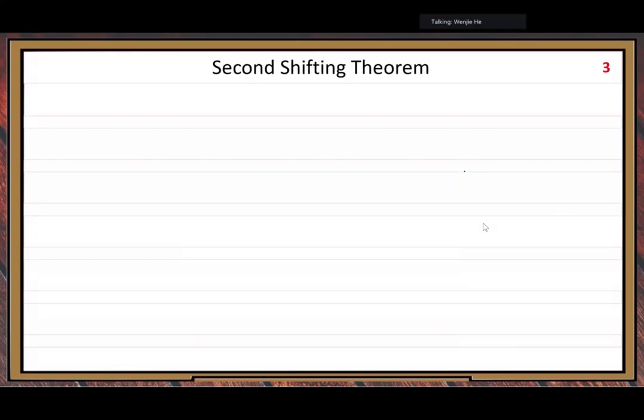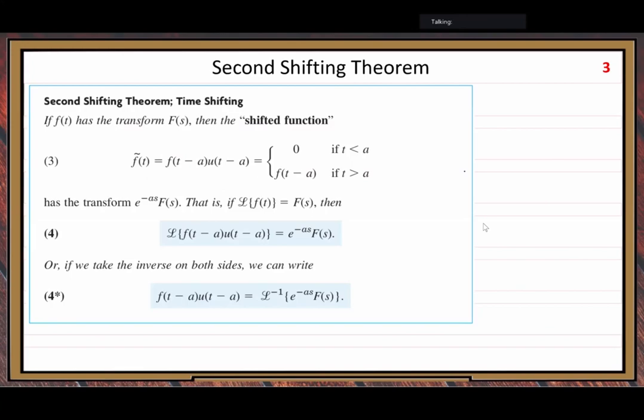Then, the second shifting theorem. We learned the first shifting theorem, right? But here, the second shifting theorem. In the second one, we need to include this u function. The first one has no u function. All right.